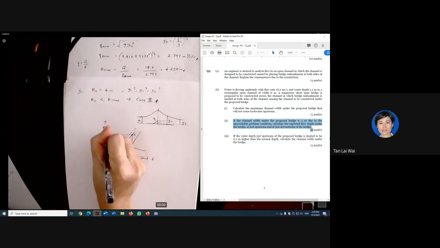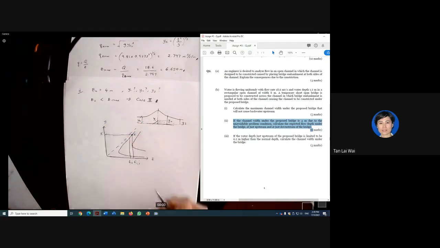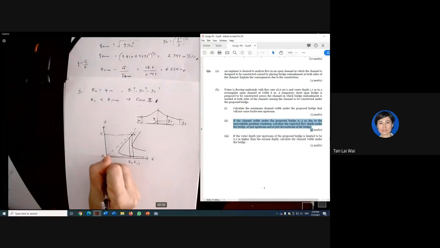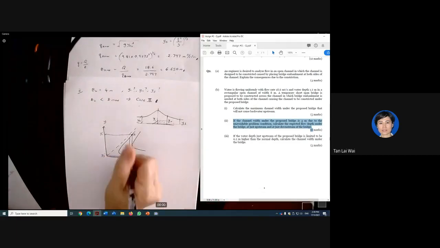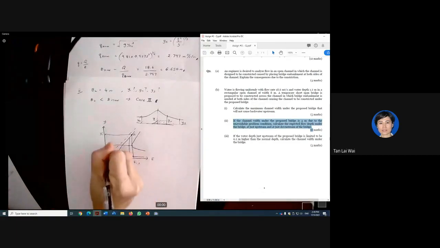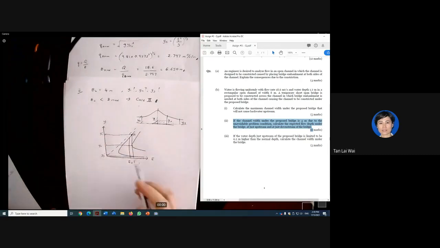I can read it from here. My new Y3, where is it? And this would give me my Y2, which is in critical state.